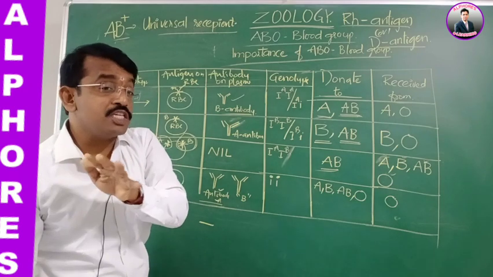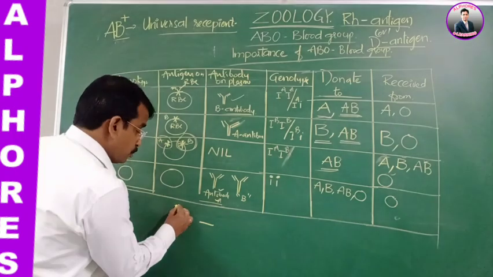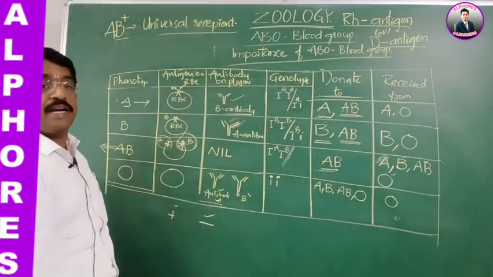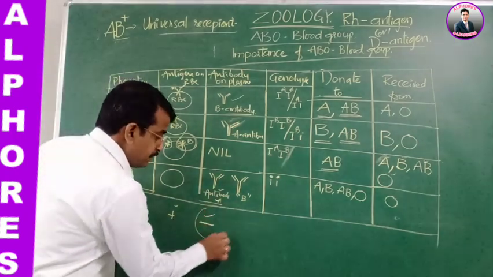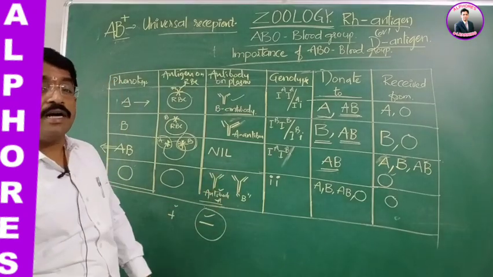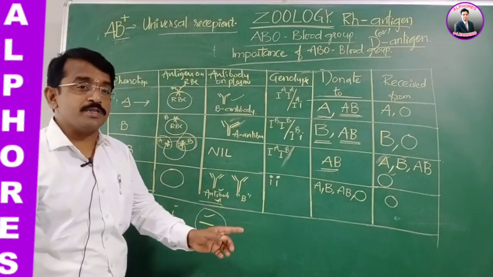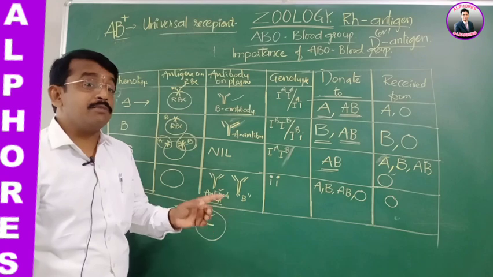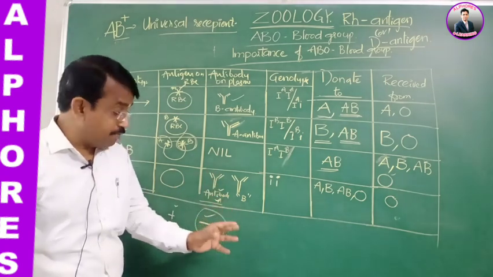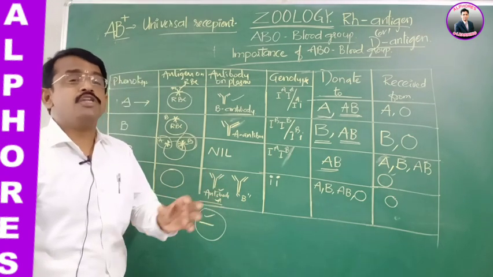That's the reason blood is to be tested. If positive is donated to a negative individual, the recipient is prone to a dangerous condition, and during pregnancy the baby will be prone to HDN.